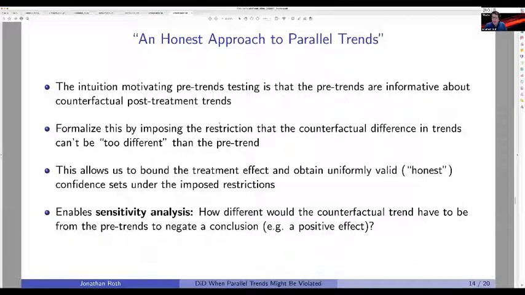And we show in the paper how you can get confidence intervals that are uniformly valid, assuming these restrictions on how the pre-trends relate to the post-treatment differences in trends are satisfied. And so this approach nicely enables sensitivity analysis, where you can say things like, how different would the counterfactual difference in trends have to be from the pre-trends in order to negate a particular conclusion, say a positive effect.